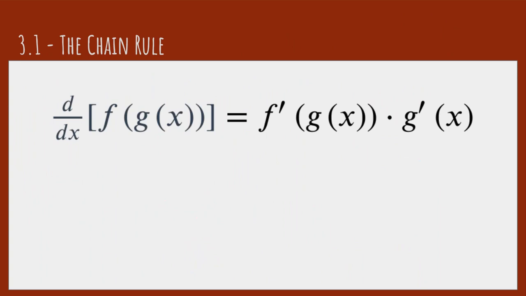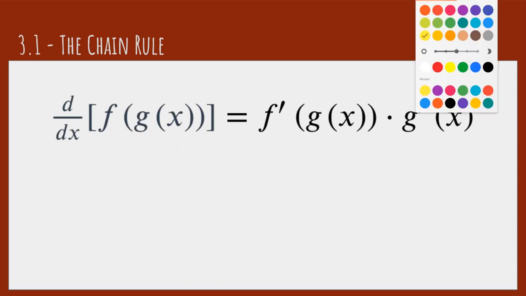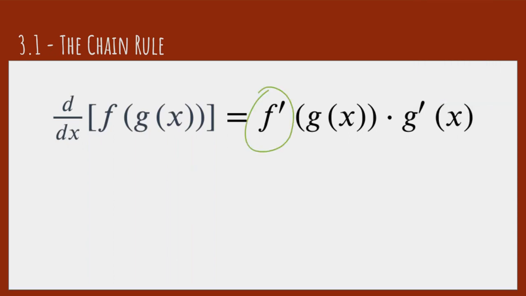The way I learned the chain rule, and this is a visual that hopefully will help you remember it also, is that we take the derivative of the mother and keep the baby inside, and then multiply by the derivative of the baby.